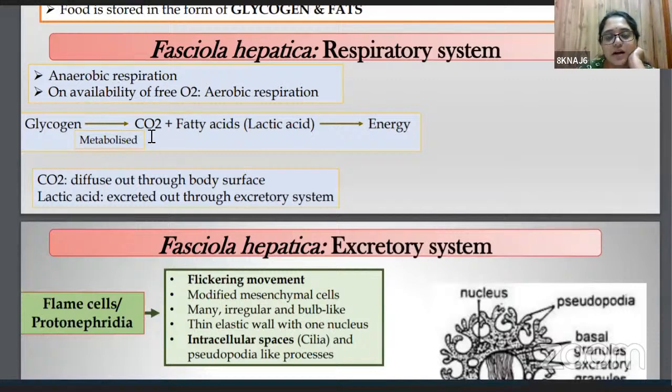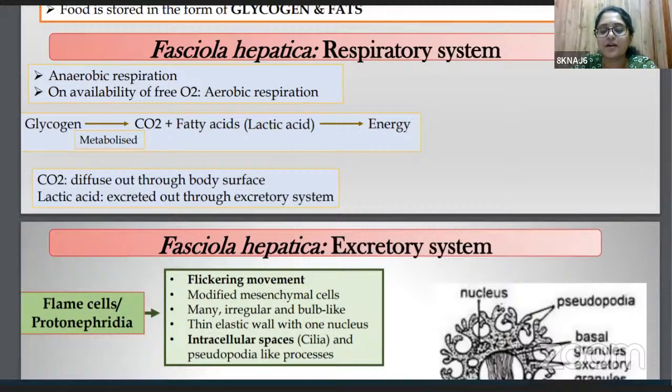You get carbon dioxide, fatty acids. Since it is anaerobic respiration, you get lactic acid. If it was aerobic respiration, can anyone of you answer what is the product that comes out? You can unmute and answer if you can.